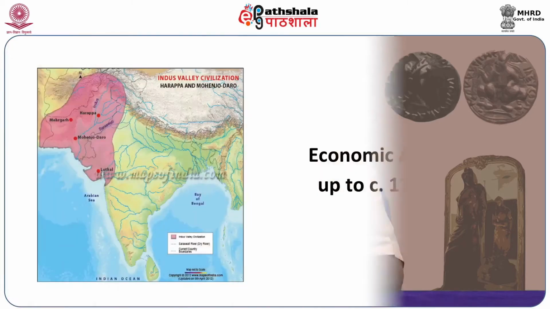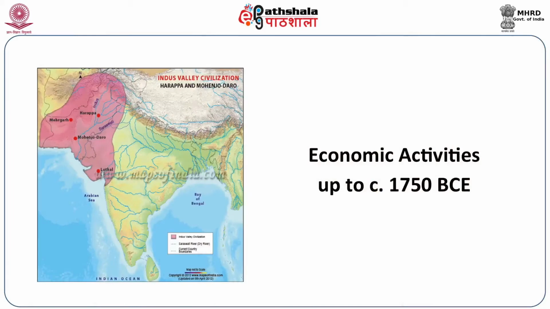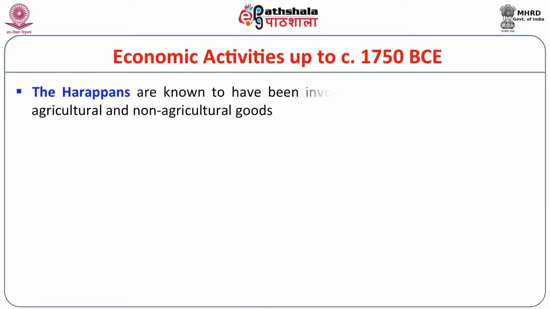First of all, economic activities up to circa 1750 BCE. Up to this time bracket, what do we get? We get that the Harappans are known to have been involved in the production of both agricultural and non-agricultural goods.